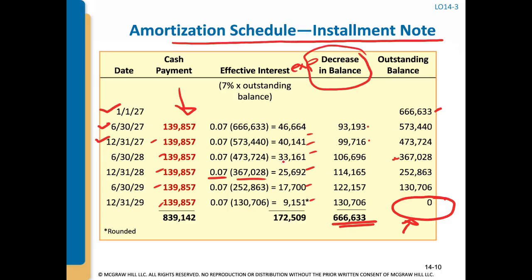The amount that we are debiting each payment to notes payable increases each period, and the amount we're debiting to the interest expense decreases each period. So you see we start out with 46, but it goes down all the way to 9,100 by the end. And in here, we start out with 93 and it increases each period.